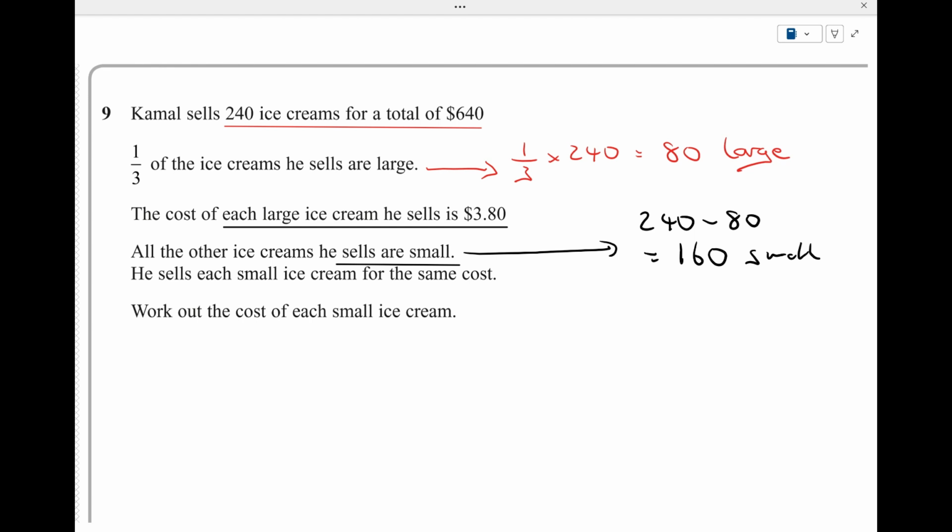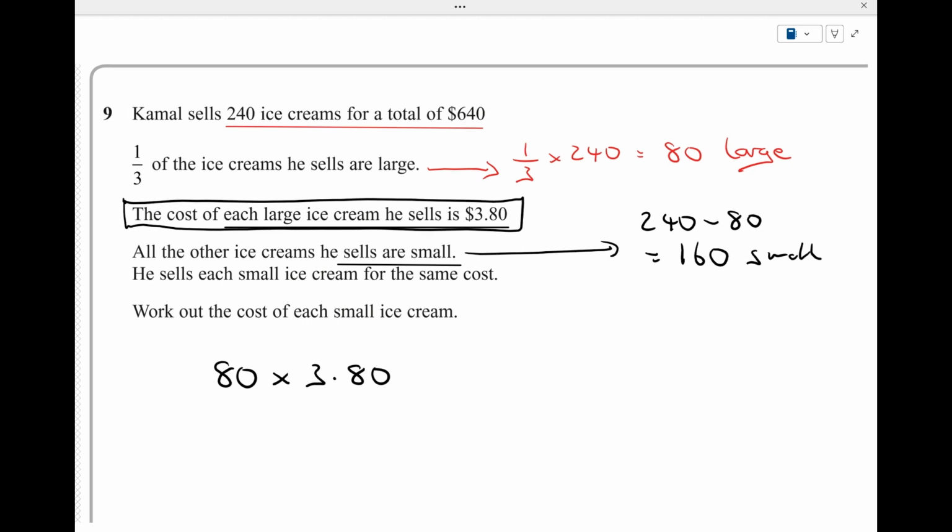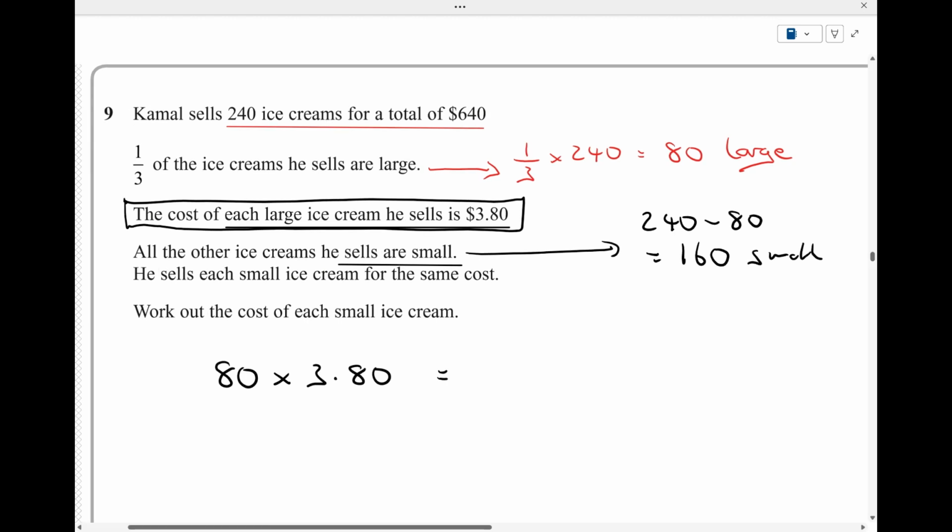Right, so you see here, each large ice cream he sells for $3.80. So 80 ice creams he sells for $3.80. So this is how much money he makes out of selling the large ice creams. 80 times 3.8. So he makes $304 from the large ice creams.